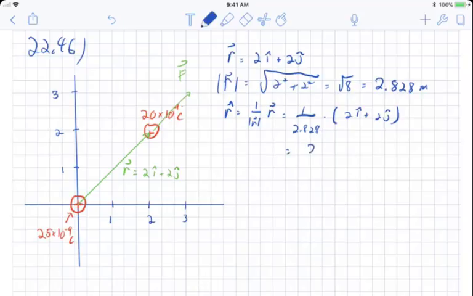So it's 2 over 2.828 i-hat plus 2 over 2.828 j-hat, which is equal to 0.707 i-hat plus 0.707 j-hat. So that's my unit vector.